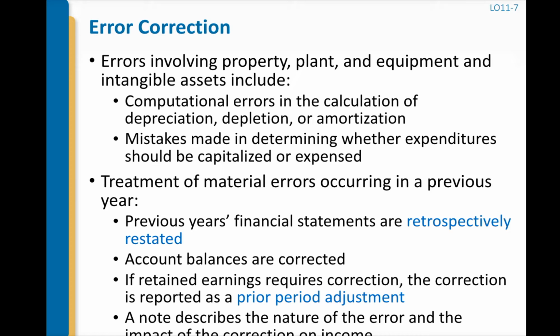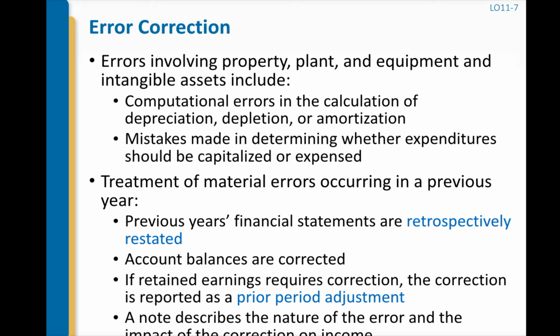Okay, so when we're accounting for errors, first of all, we need to decide whether it's going to be a material error or not. We've talked about materiality before, but that's going to change based on the size of the company and some other factors as well.